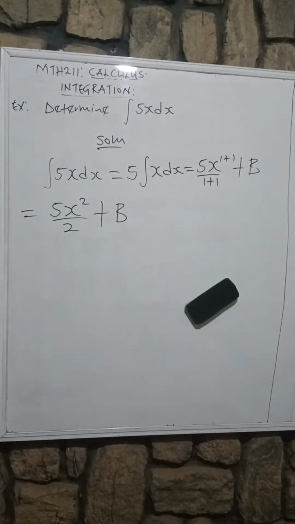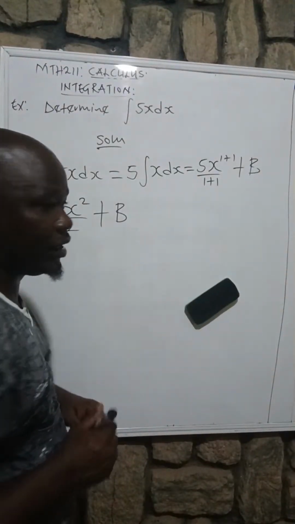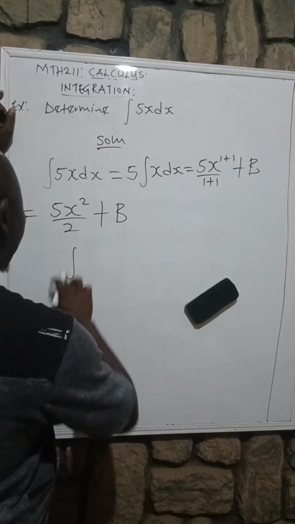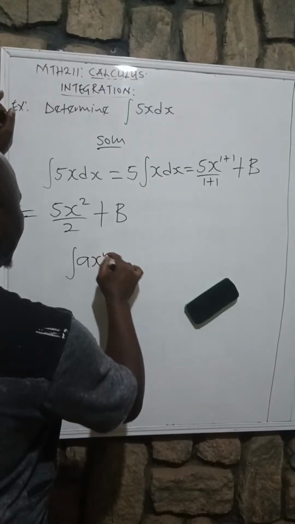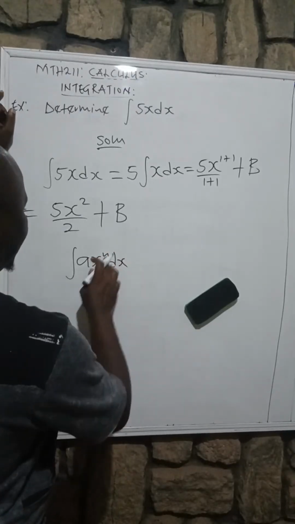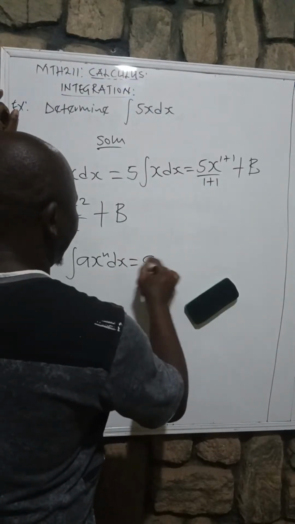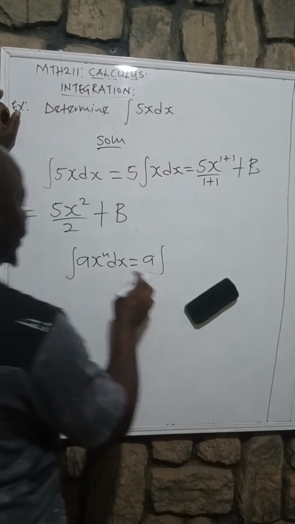No, what I'm trying to say is it means you don't understand the definition of integration. Integration means when you have a function ax raised to the power of n, we can still rewrite this function this way because this a is a constant.